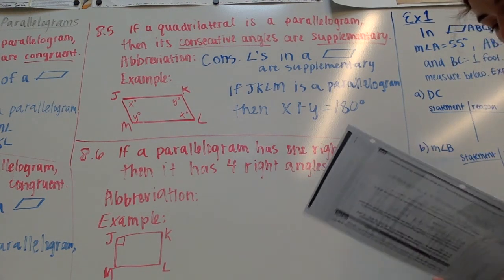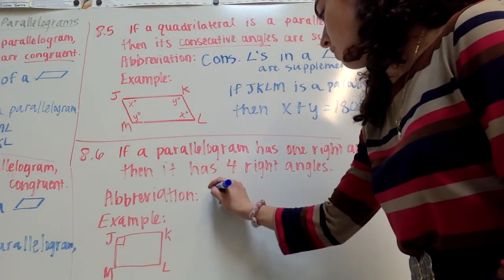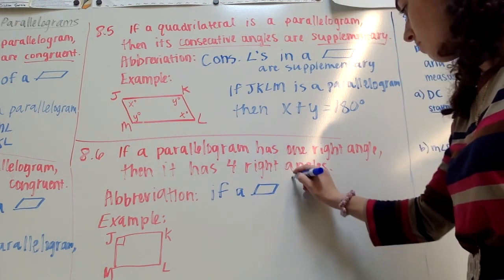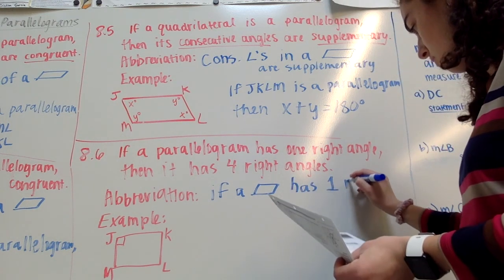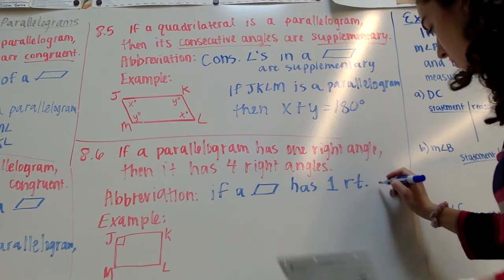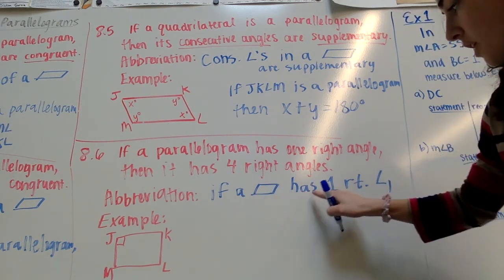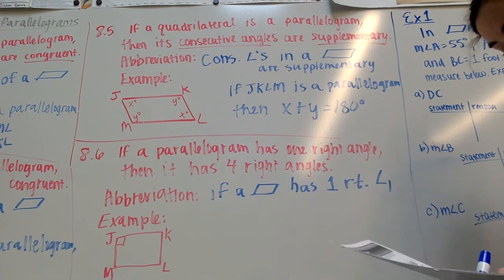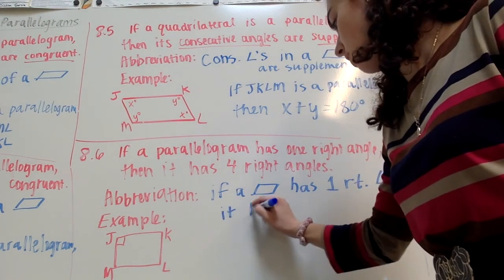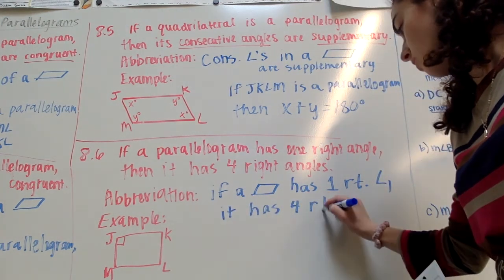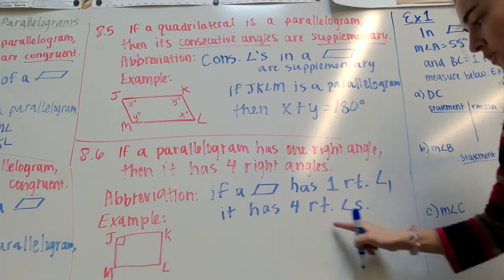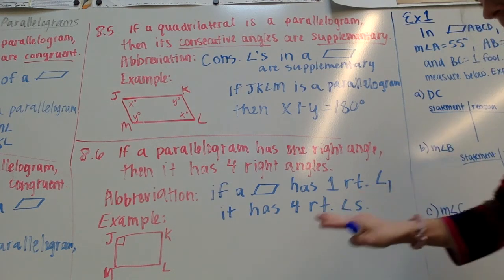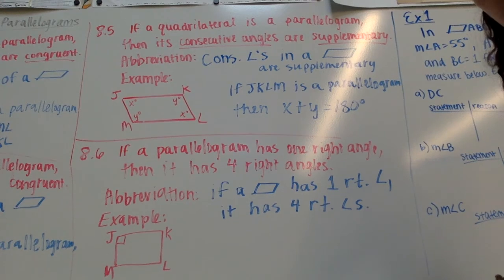So our abbreviation for this one is, if a parallelogram has one right angle, so you can shorten the word right to RT, angle, it has 4 right angles. Okay, that's an angle symbol and an S. Okay, so here's our example. Here's our drawing over here for this one.